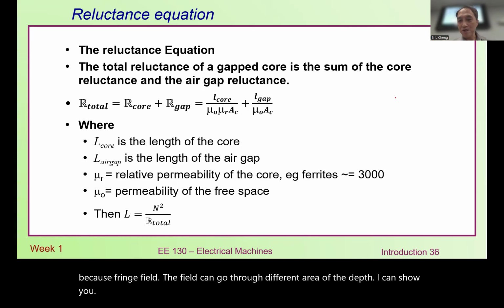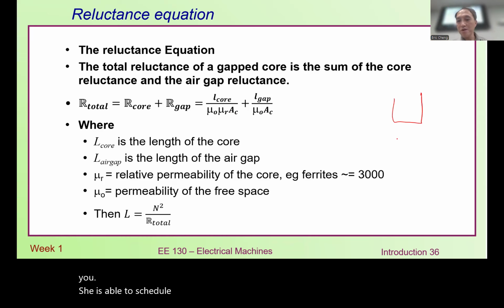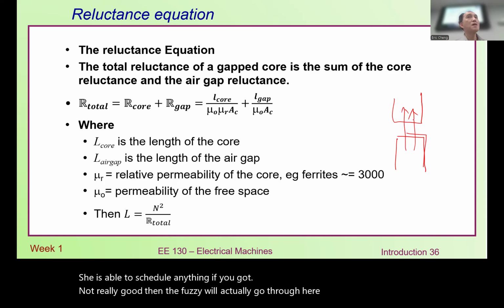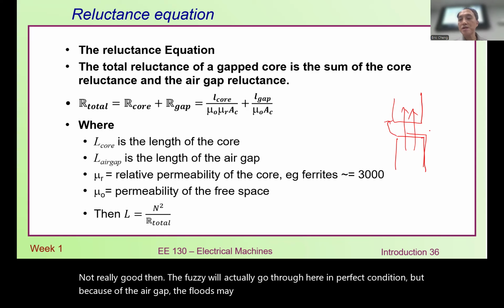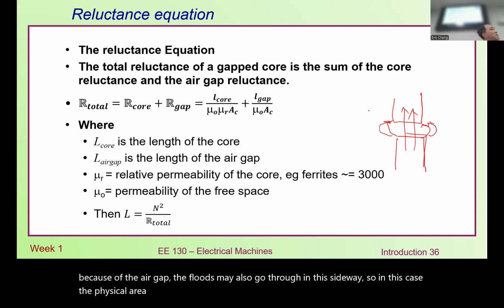Let's see if we're able to sketch anything. In perfect condition, the flux will go straight through here. But because of the air gap, the flux may also go through sideways. So in this case, the physical cross-sectional area may be larger than you expected.